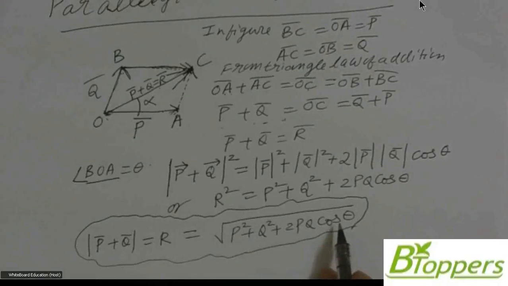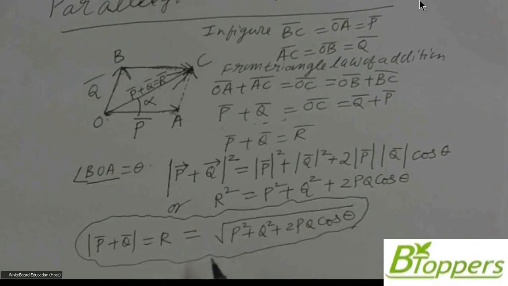Cos theta will be equal to -1 when theta is equal to 180 degrees. That means for given values of P and Q, the magnitude of the resultant will be minimum when theta is equal to 180 degrees. Theta will be 180 degrees when the two vectors are in opposite directions. So for given values of P and Q, the magnitude of the resultant is minimum when the two vectors act in the opposite directions.